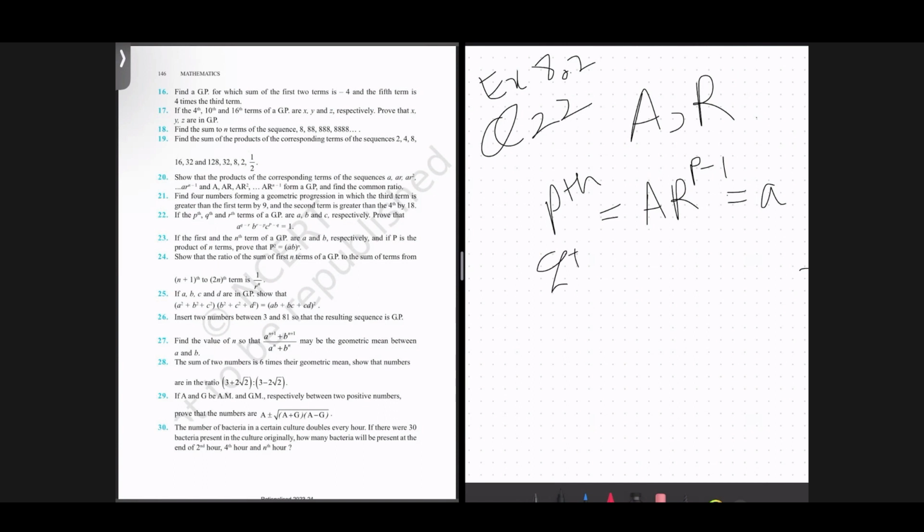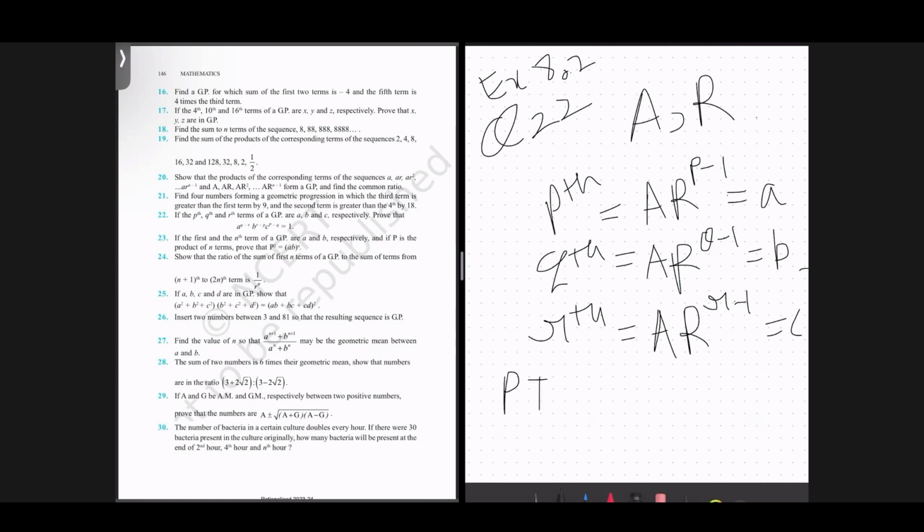The qth term is going to be A R raised to the power q minus 1, and that is going to be b. And the rth term is going to be A R raised to the power r minus 1, and that is going to be c.